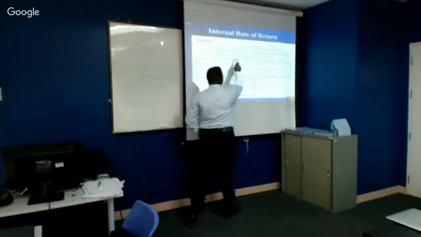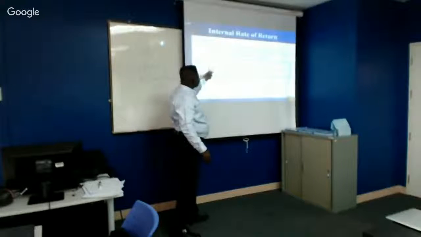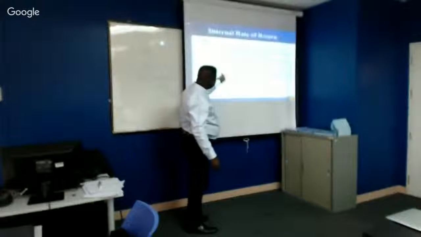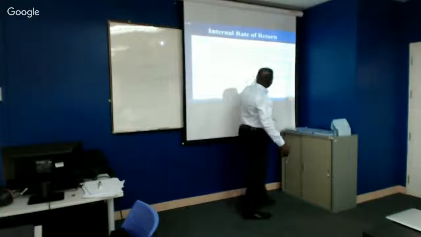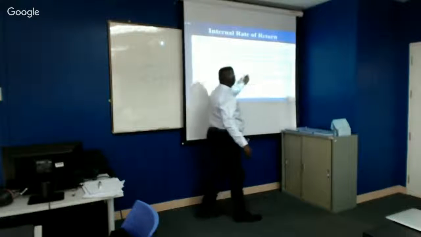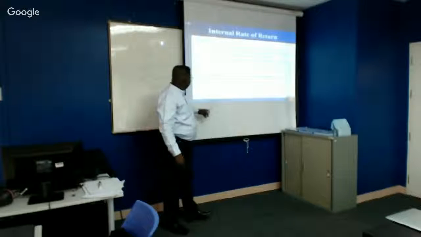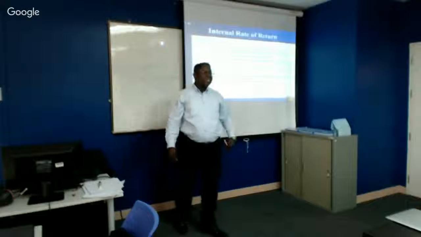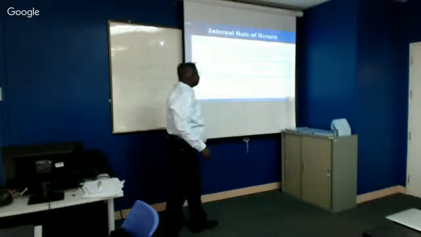Using internal rate of return, which do you prefer? Okay, so the initial proposal is this. The cash outflow is this, the inflows are this. And then you are supposed to calculate this one. So you get this. And then this one is only one outflow, one inflow. And then you get this.